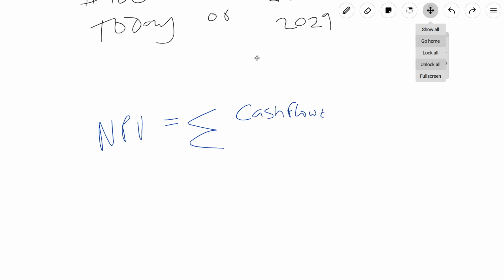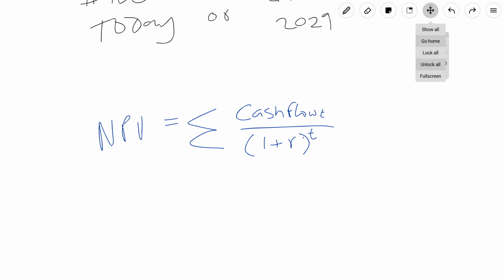We're going to have a summation of the cash flow over a number of years, and we're going to consider the discount rate, and we're going to consider the number of years, add that all up, and that gives us what we call the net present value. Now, it's easier said than done. To get a very good idea of what NPV looks like, we would have to look at some calculations. So why don't we start off with a very basic calculation for a question about the time value of money.